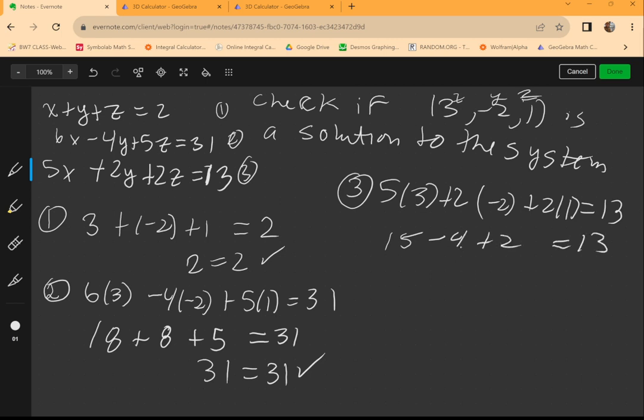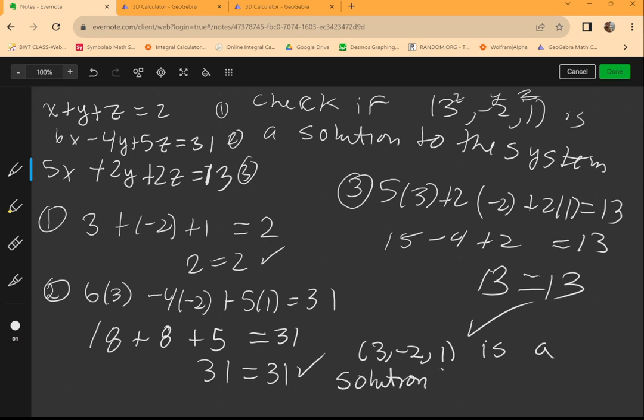Here we have 11 plus 2 is 13, which does in fact equal 13. So that checks out. Now we can say, with the evidence that we have in front of us, that (3, -2, 1) is a solution to the system.